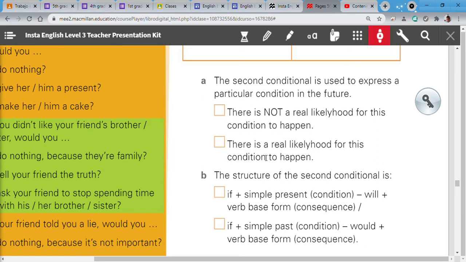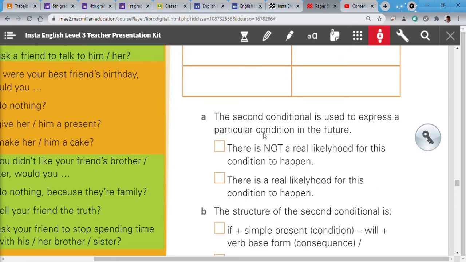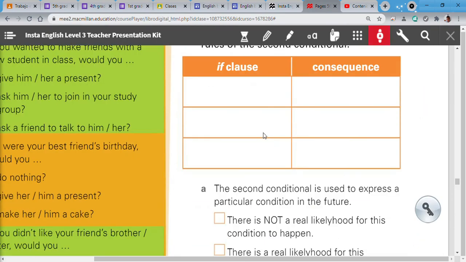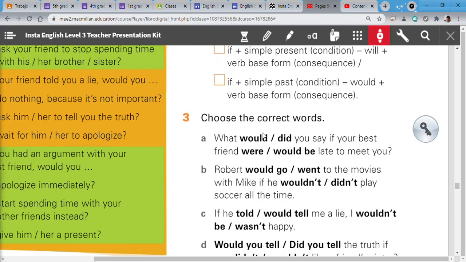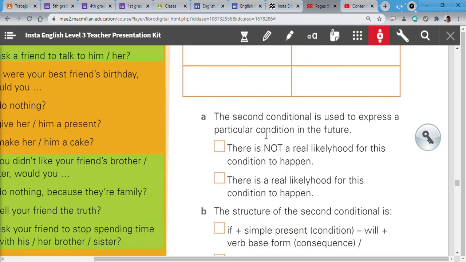There is no real likelihood for this condition. It's imaginary. Okay? Let me see. Give me a second. Let's continue. There's a real likelihood. Okay?